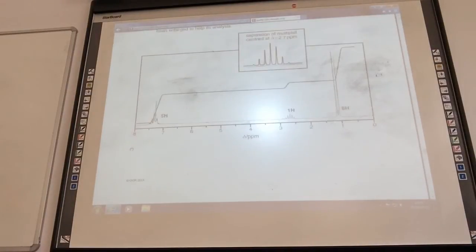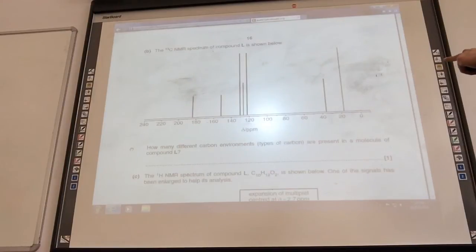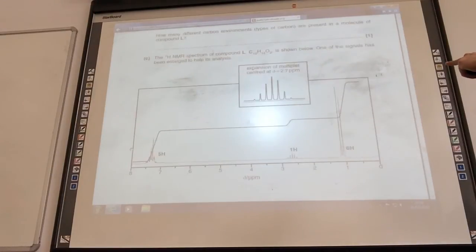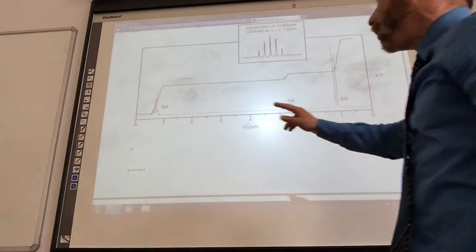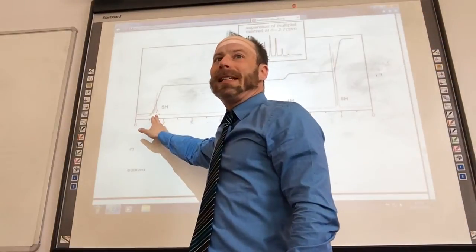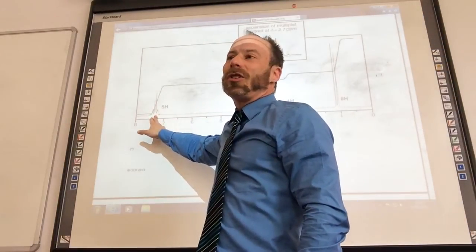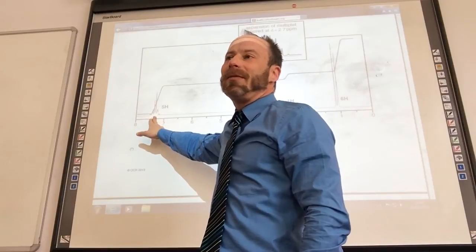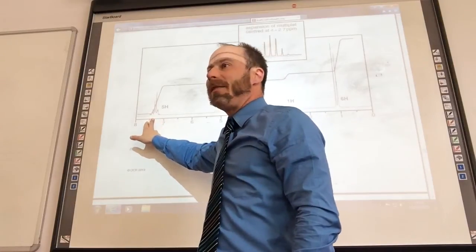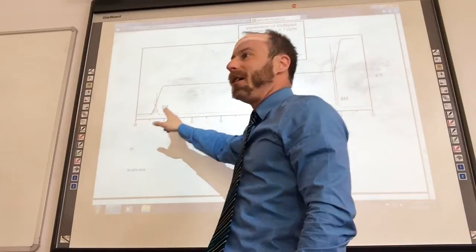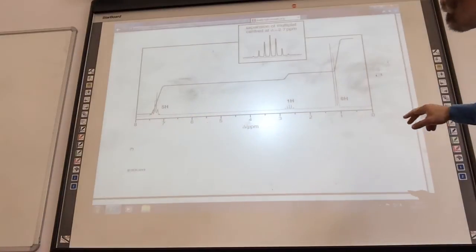So you know you have got, first of all, 7 carbon environments. What's this here? That is going to be your benzene ring. How many hydrogens, based on this, must you have in your benzene ring? You've got to have 5 hydrogens. So you know you've got a benzene ring with 5 hydrogens coming off.